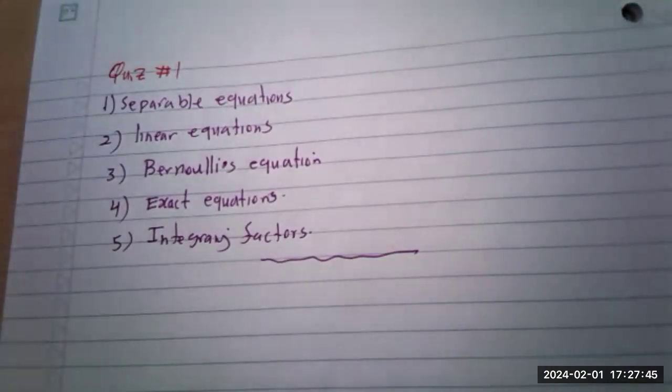Okay, so these are the topics on the quiz. One from each: separable equation, linear equation, Bernoulli equation, exact equation, integrating factors. I know there are 2 cases, but we give you only one of them. But we may ask you, because you have this set of problems in your book there, we may give you an integrating factor and ask you to prove that it is an integrating factor.